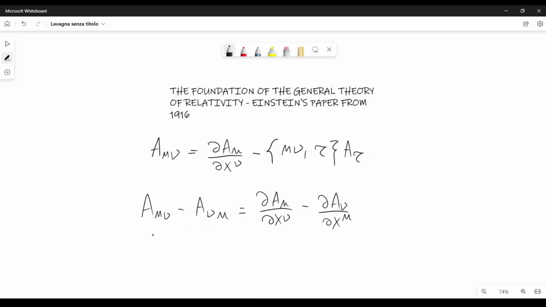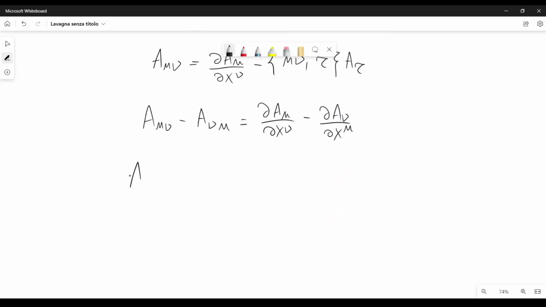Now let's also consider another anti-symmetrical tensor. Let's consider A_{μν} first. An anti-symmetrical tensor in this case, which basically means that A_{μν} is equal to minus A_{νμ}.